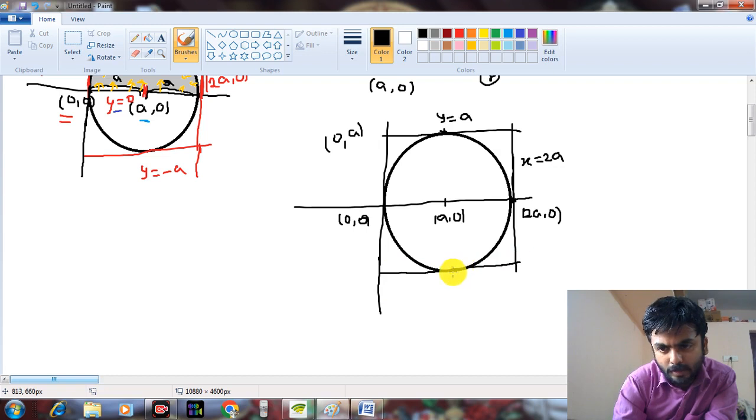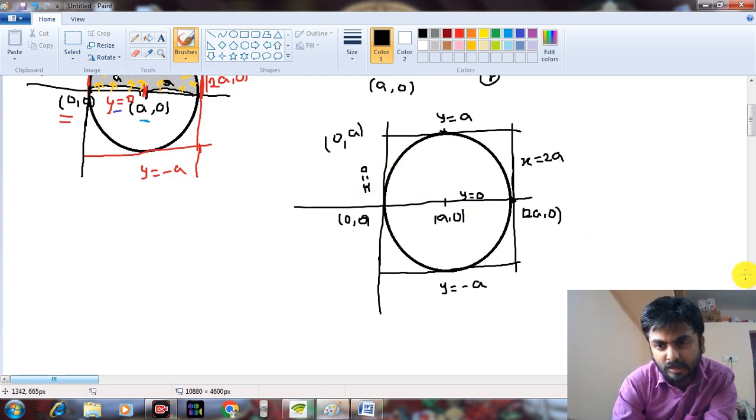This point also has the same radius but in the negative axis of y, so we write y equal to minus a. This is y equal to 0, and this line is x equal to 0.